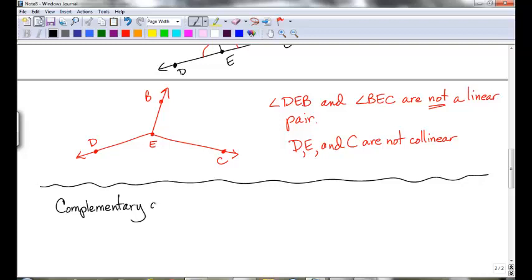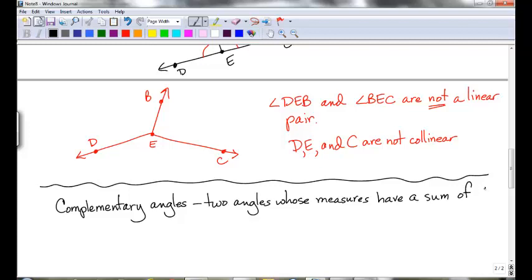Complementary angles are two angles whose measures have a sum of 90. So if I gave you two angles and said they were complementary, you know to add them up, set them equal to 90, and solve.